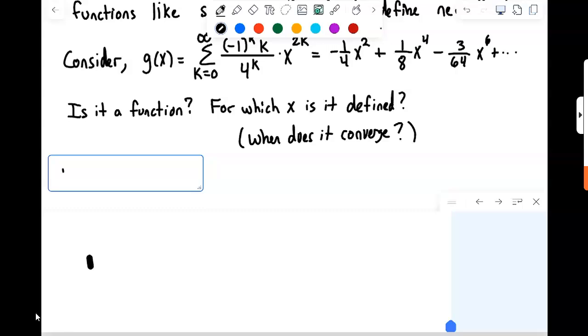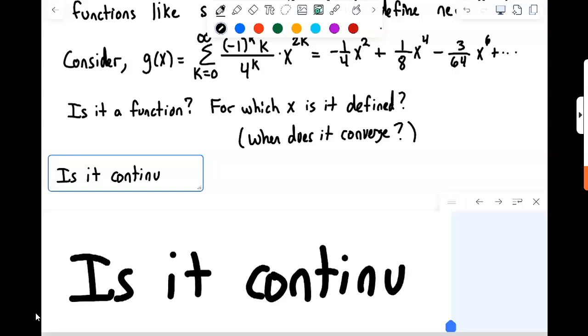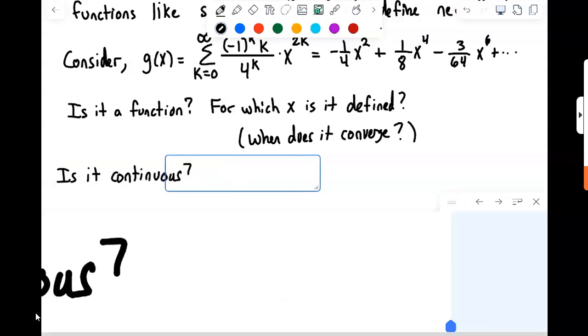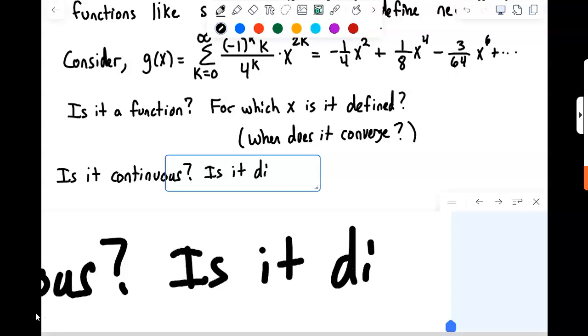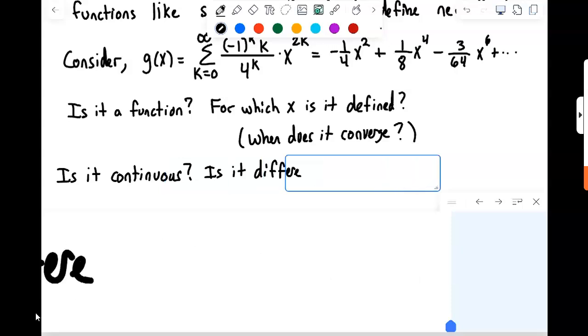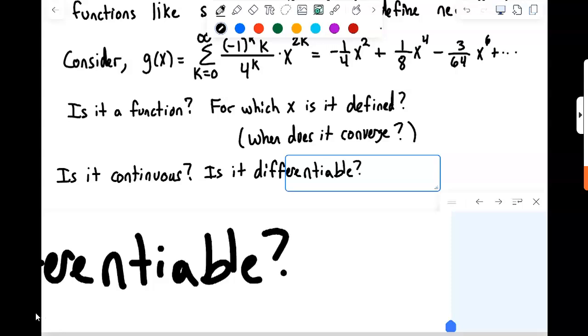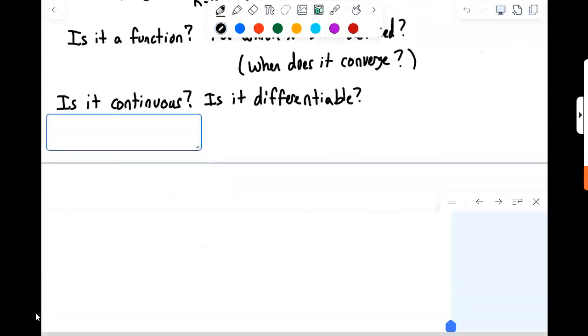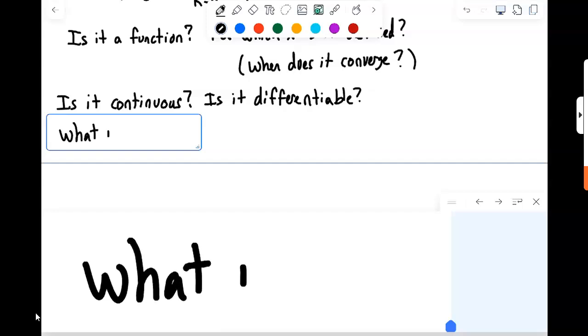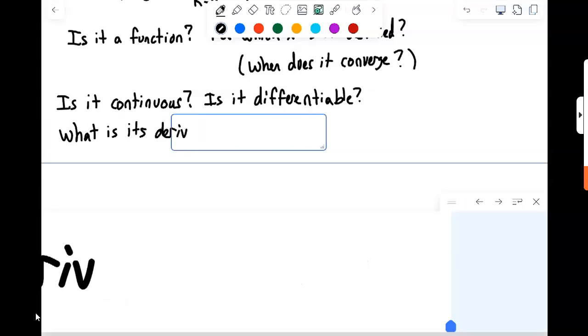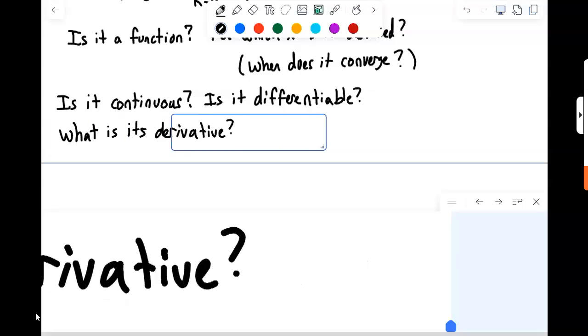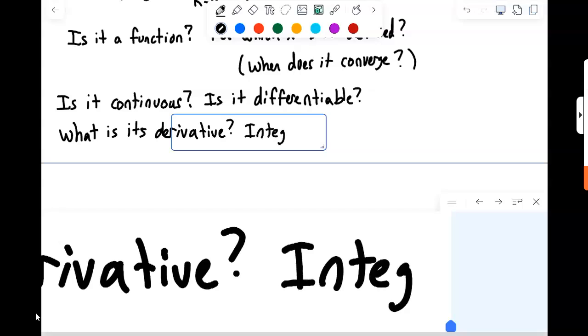We might ask about this function. Is this function continuous? We know polynomials are, but what about an infinite polynomial? Right? Is it differentiable? Can we take the derivative of this thing? If we can, we might ask, what is its derivative? What's its integral? Can we integrate it?